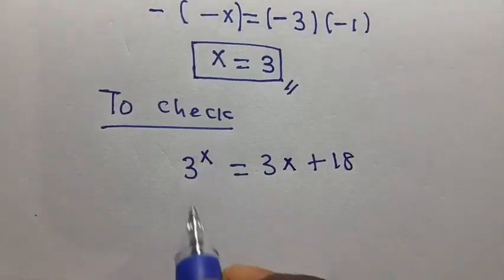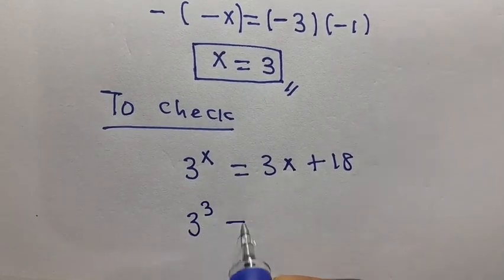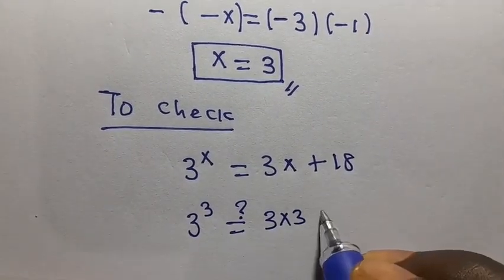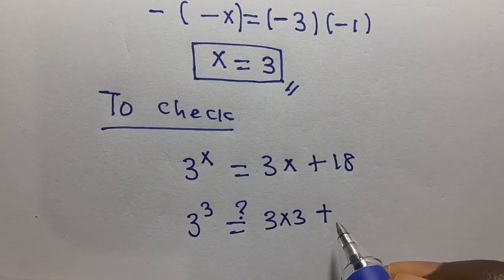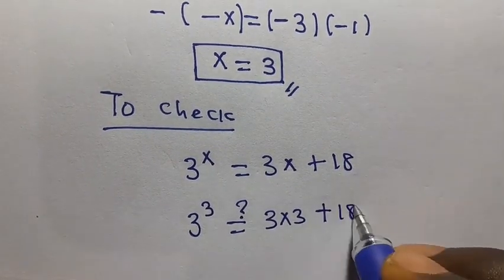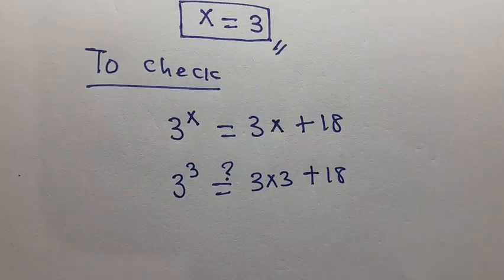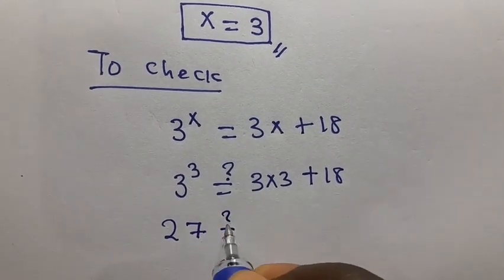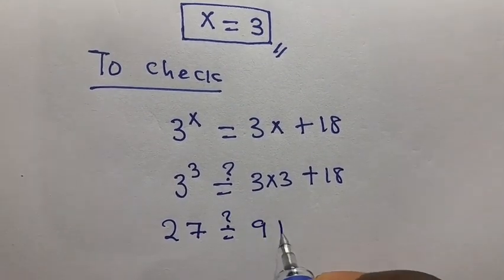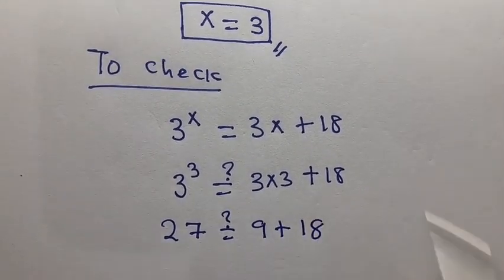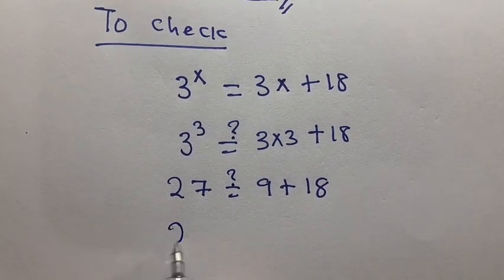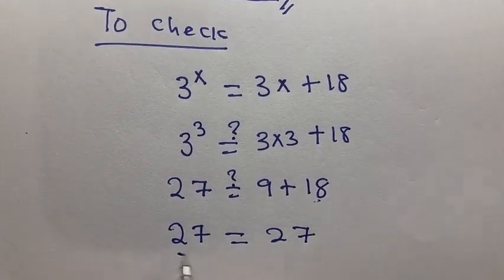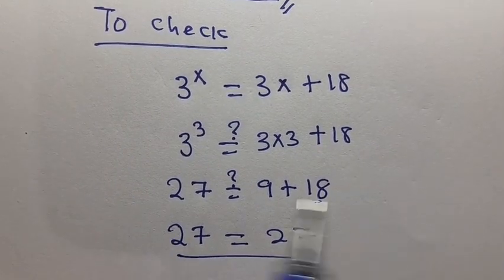And when x equals 3, we have 3 raised to the power 3 is going to be equals 3 times 3 plus 18. So we have this one to be equals 27. Is it going to be equals 3 times 3, 9 plus 18. So we have it to be 27 equals 27. So x equals 3 is true.